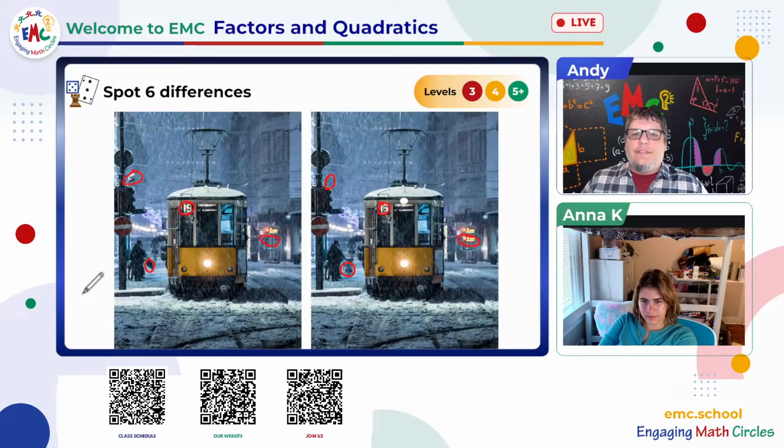Two differences left. My clue is light. Yeah, there she goes. The headlight. I noticed it just before you said the clue.